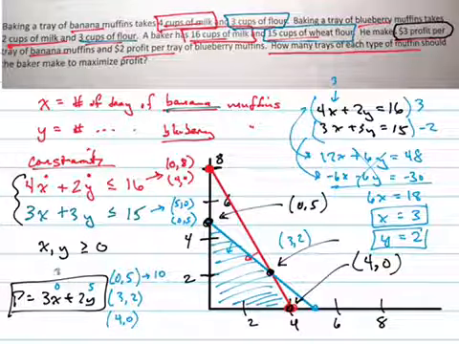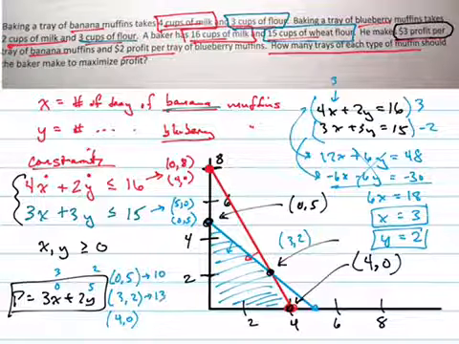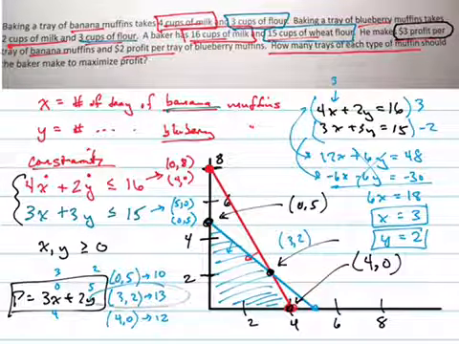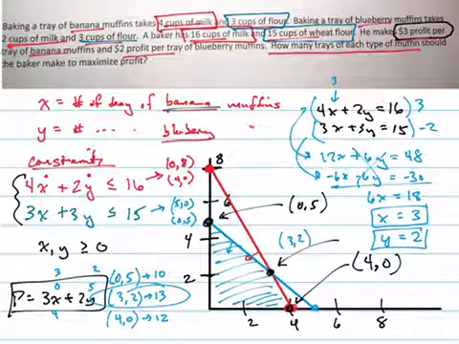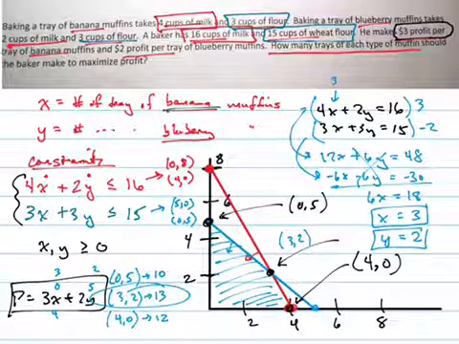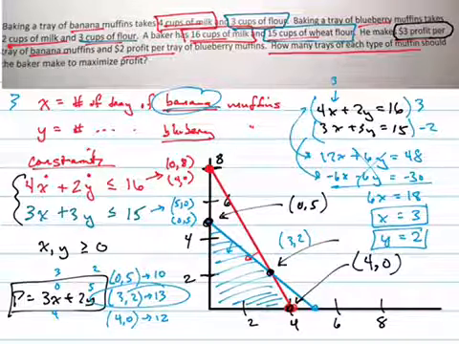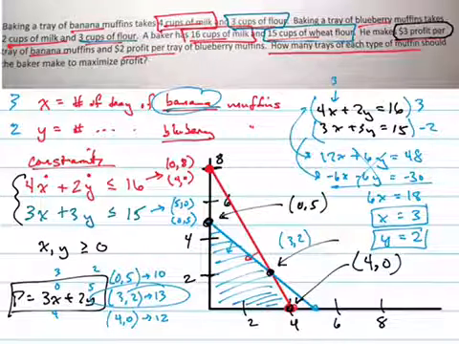Put 3, 2 into there, that's 9, plus 4 is 13. And put 4, 0, that would be 12. So your maximum profit is making 3 trays of banana muffins and 2 trays of blueberry muffins. That will yield your maximum profit.